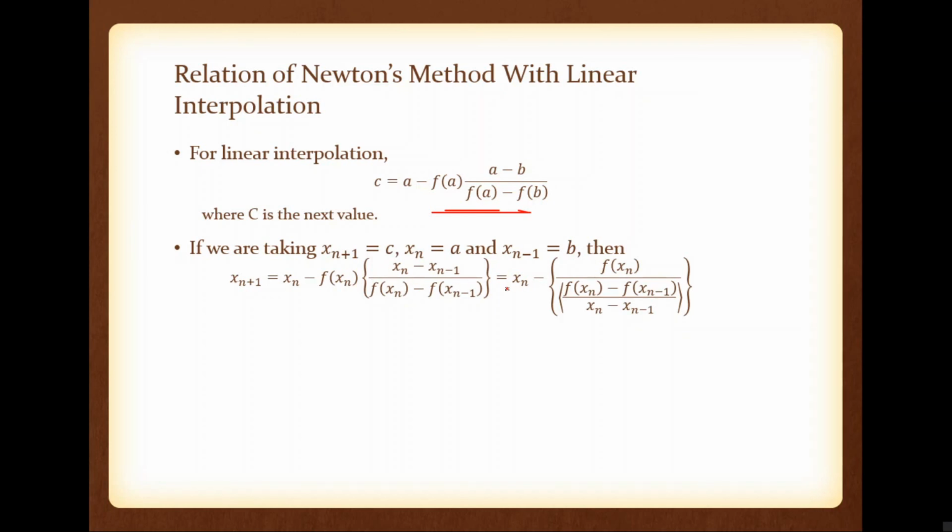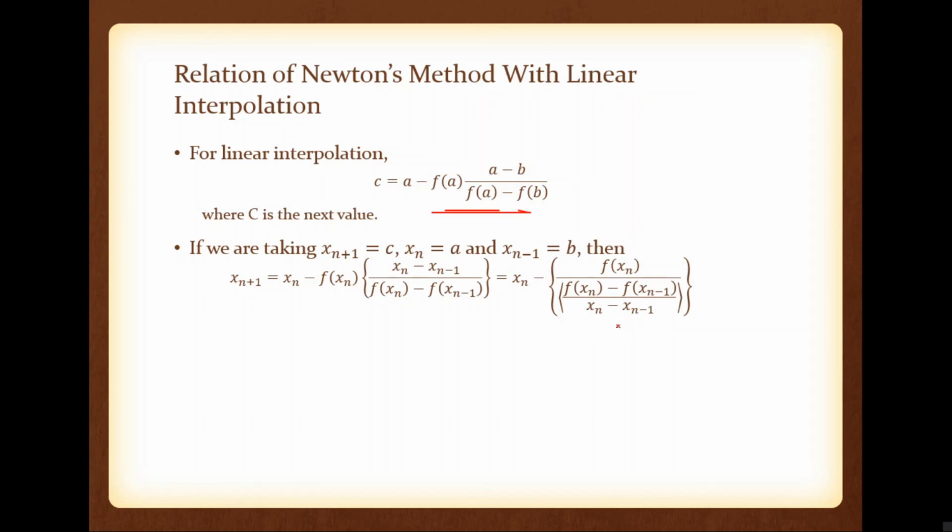So I can write xn plus 1 equal to xn minus f of xn divided by the bracket f of xn minus f of xn minus 1 divided by xn minus xn minus 1.